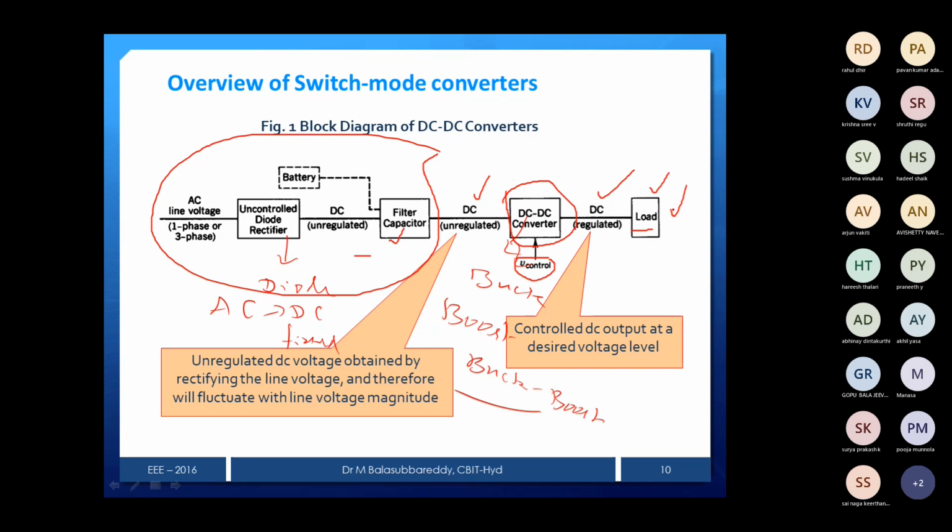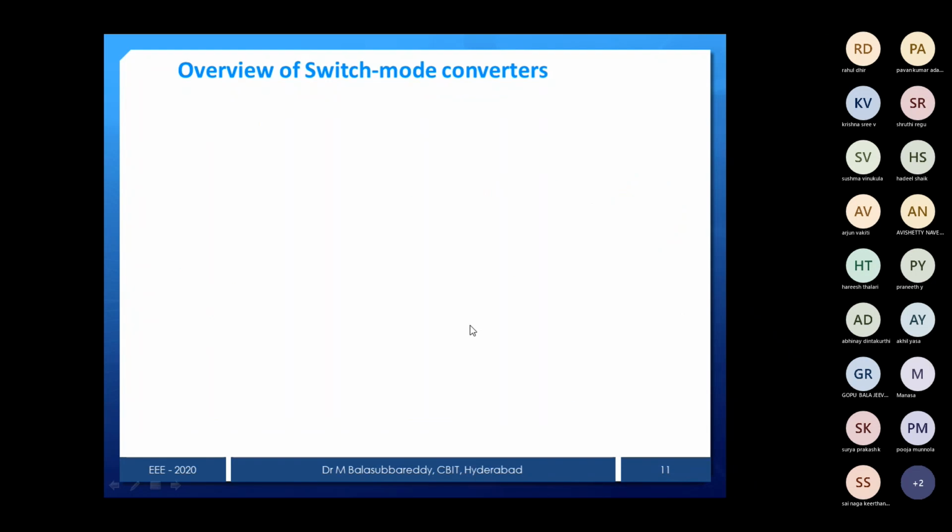By controlling the SMPS, that is either buck or boost or buck-boost, depending upon our load requirement, you are able to control the output voltage. So this is the basic block diagram of a switched mode converter.